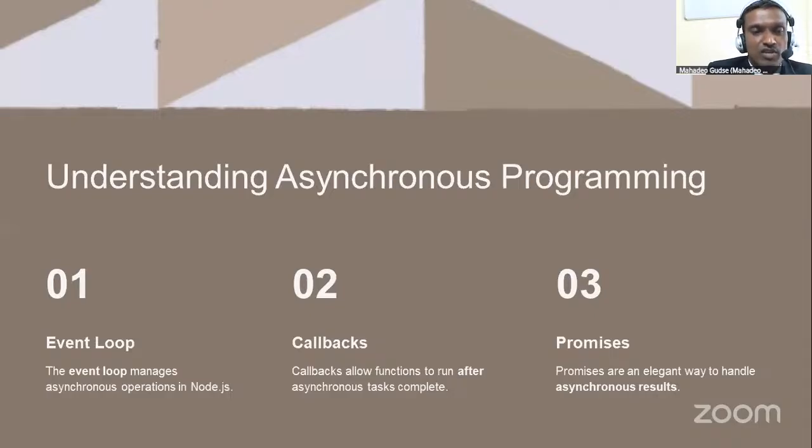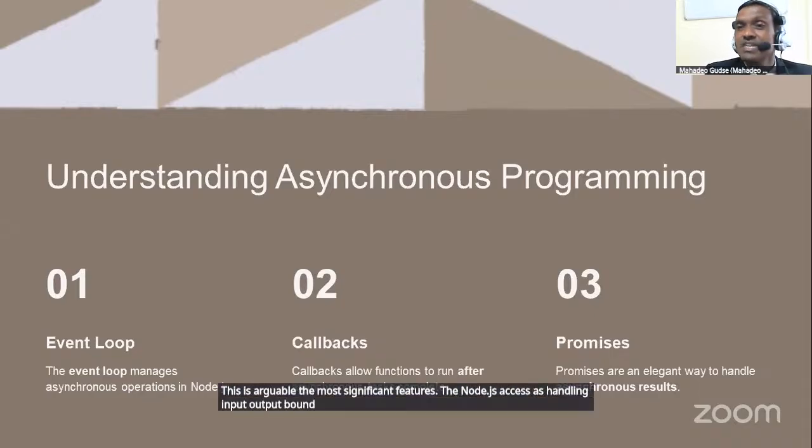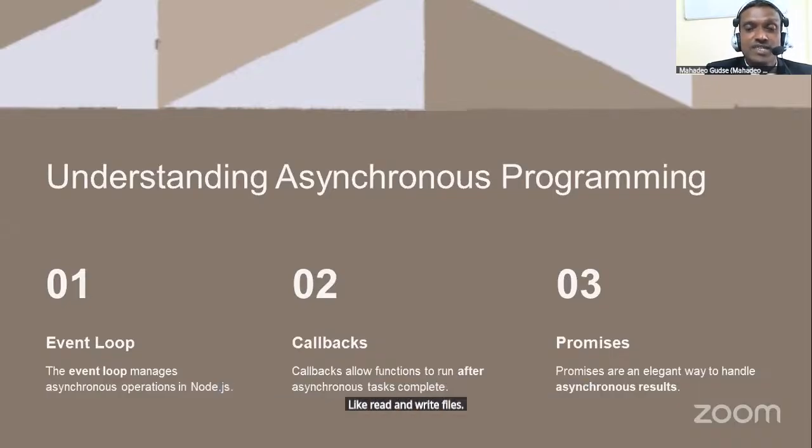This is arguably the most significant feature. Node.js excels at handling input-output bound operations like reading and writing files, network requests, and database interactions without blocking the main thread. So the main thread is not blocked at all.